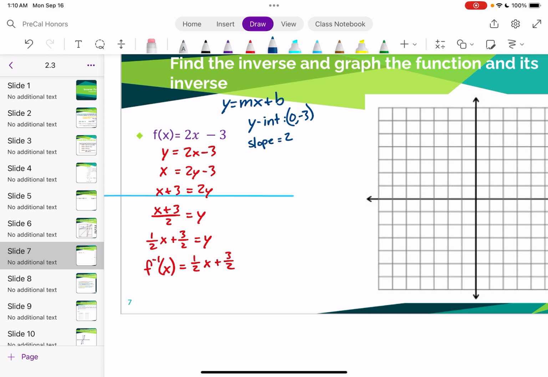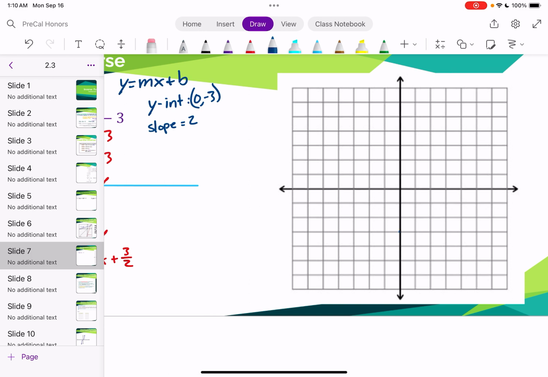So let's go ahead and set up this first line at 0, -3. And we have a slope of positive 2, which means up 2 over 1, up 2 over 1. And we keep going in this direction until we get as far as possible. And we're going to go in the opposite direction as well. We're going to go down 2, left 1, down 2, left 1.